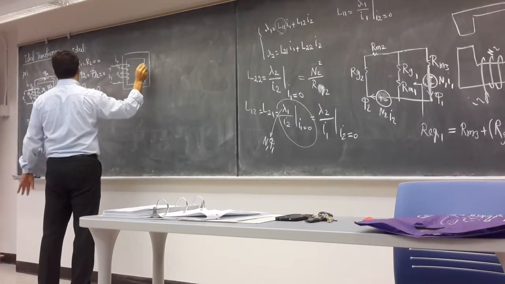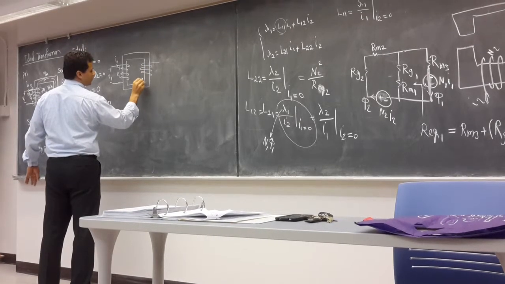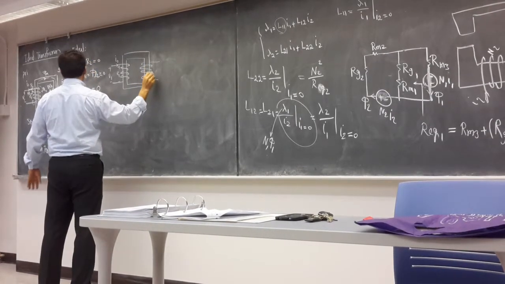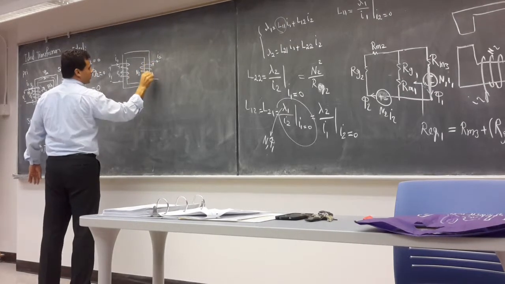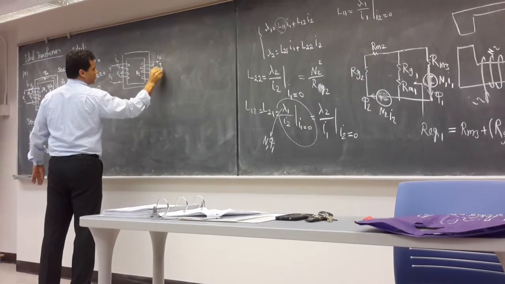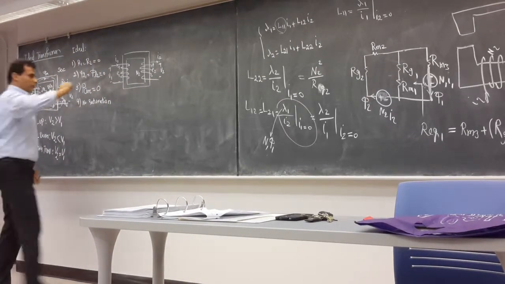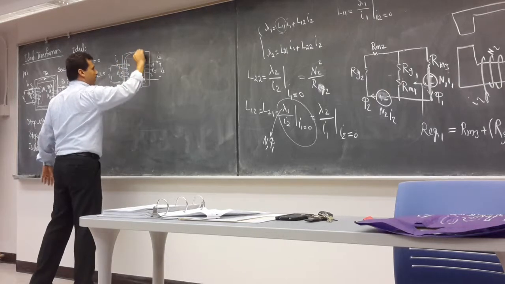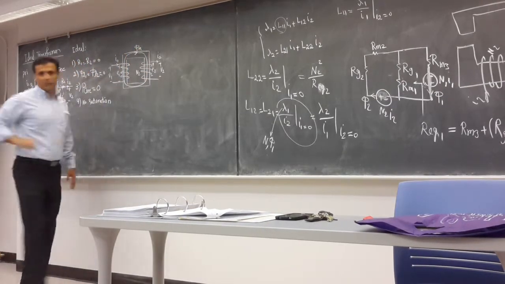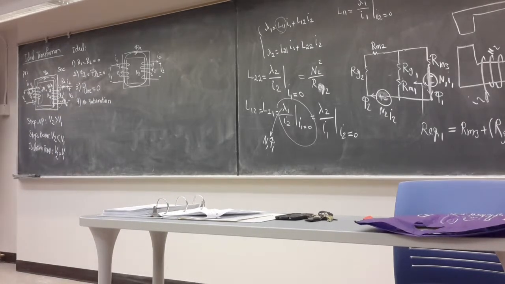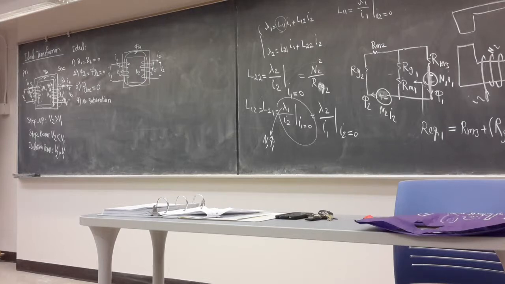This is I1, this is I2, N2, E2. Basically, V1 is equal to E1, right? And there is only flux Φm here. We have only flux inside the core. There is nothing through the air, right?